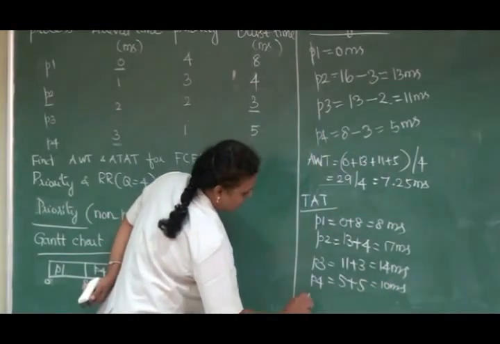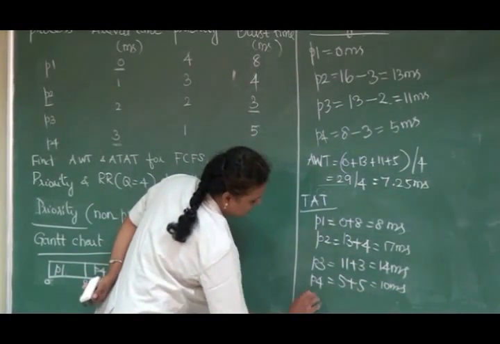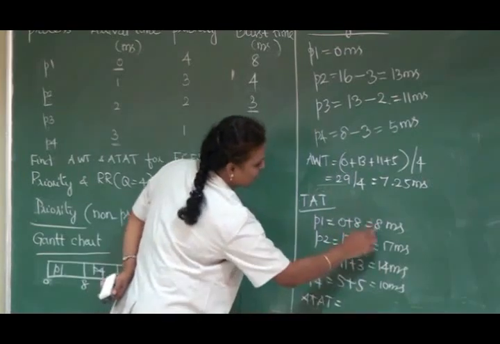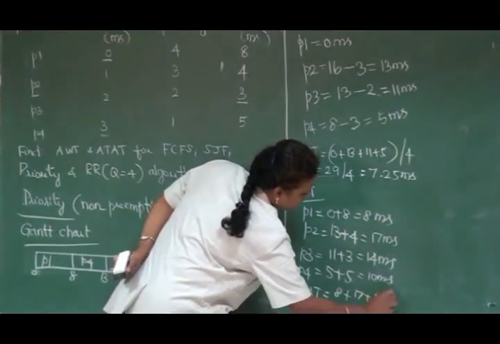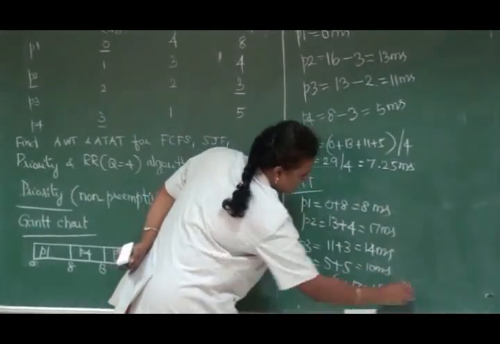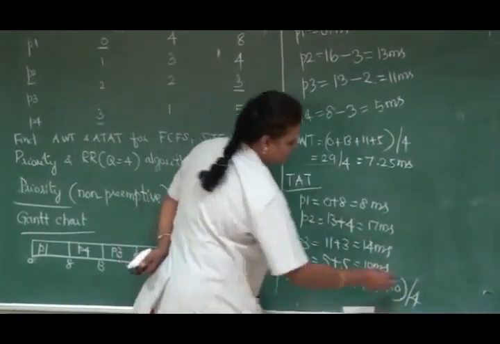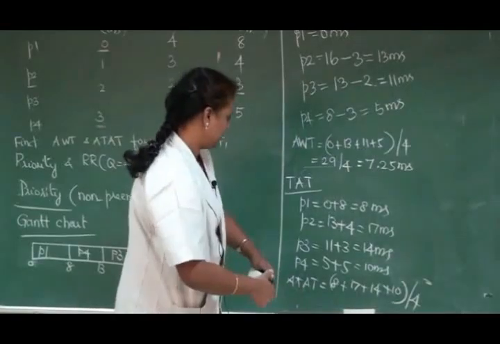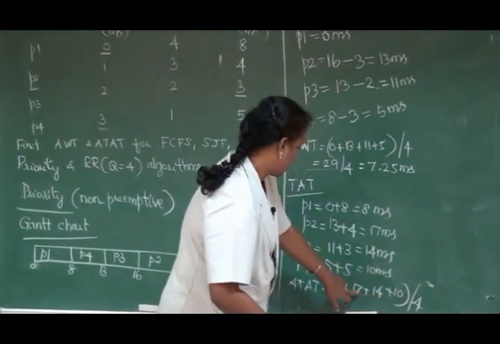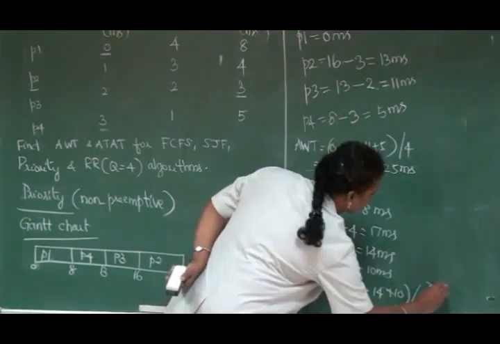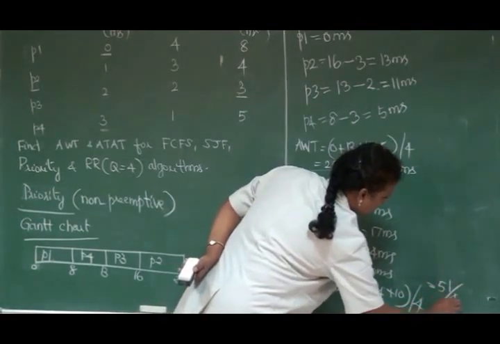So now the average turnaround time is 8 plus 17 plus 14 plus 10 divided by 4. So that is equal to 30, 44, then 51. 51 divided by 4.